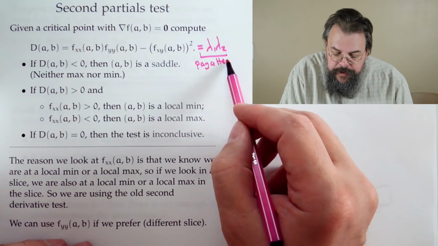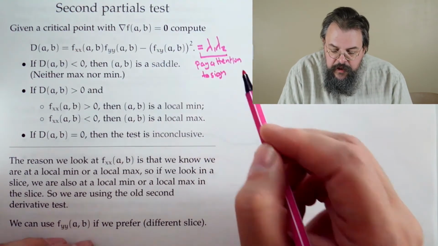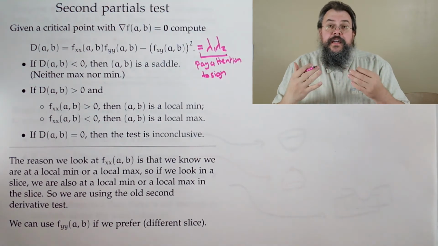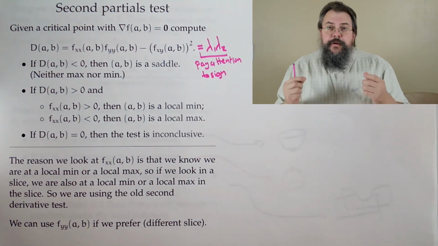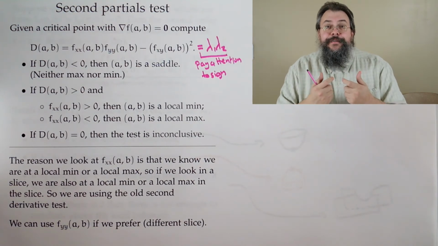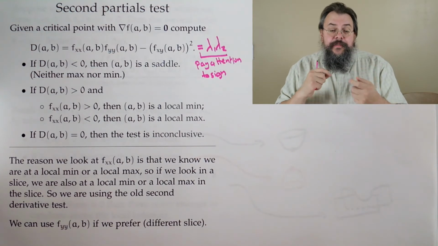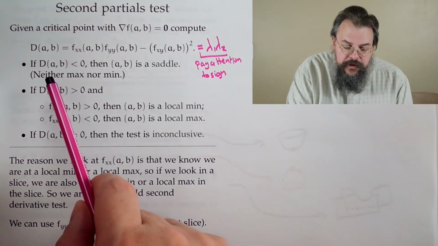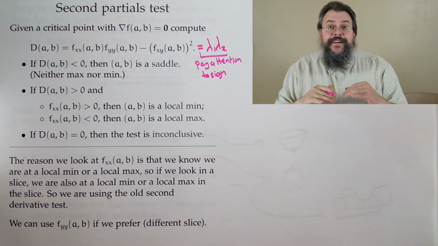Now, what can happen? Well, one thing that can happen is, what if our sign were negative? The only way we could get a negative by multiplying two numbers together is if one were positive and one were negative. And so if the result of this value is negative, then it says you're at a saddle, all right?